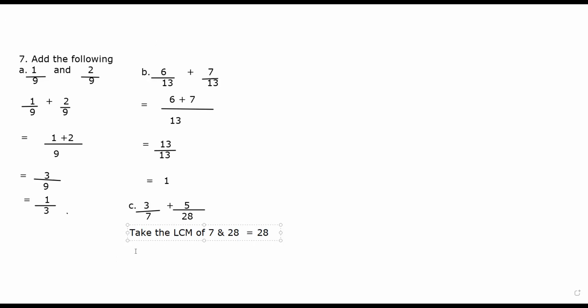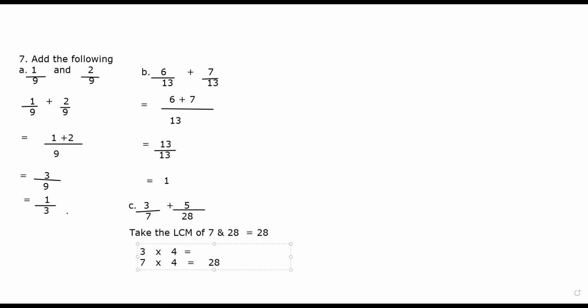So we can write 3 upon 7. The step is the same. You know that we need to multiply by which number to become 28? This will be 7 fours are 28. So we have to multiply the numerator by 4 as well.